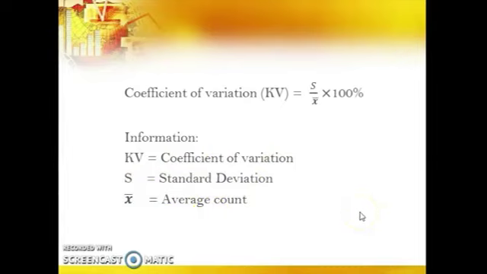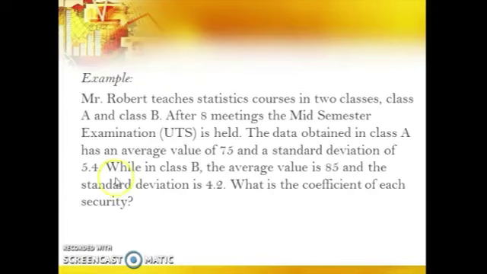Okay, we go straight to the example problem. Mr. Robert teaches statistics courses in two classes, Class A and Class B. After 8 meetings, the mid-semester examination is held. In Class A, the average value is 75 and the standard deviation is 5.4.